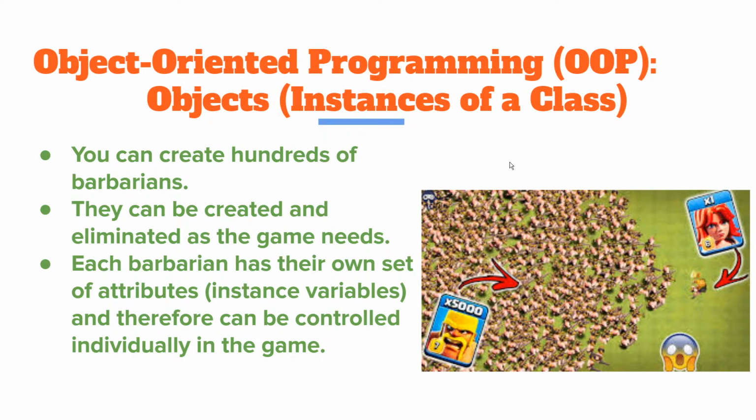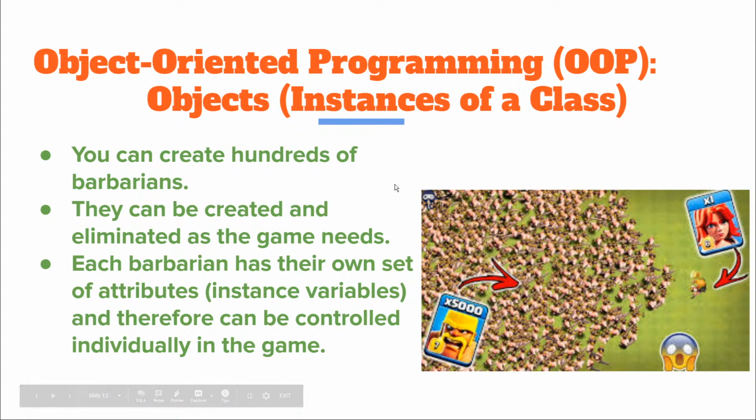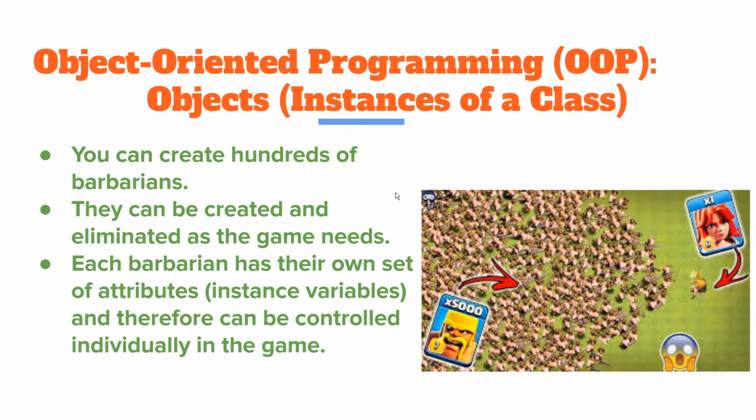So as we can see, we have lots of barbarians here, right? You can create as many barbarians as you want. And obviously a game like Clash of Clans has servers that are perfectly capable of summoning all these barbarians without any computer problems.